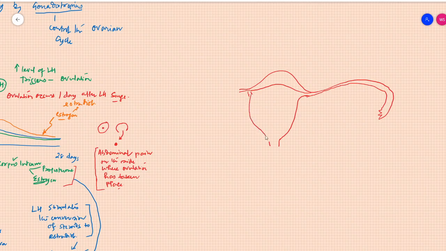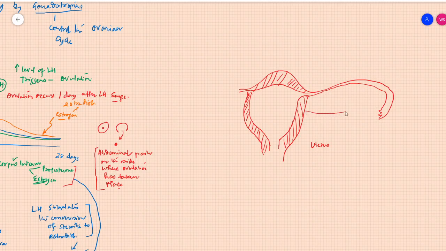This is a very diagrammatic representation of what the uterus typically would look like. So I've cut a section, and so this represents the uterus.